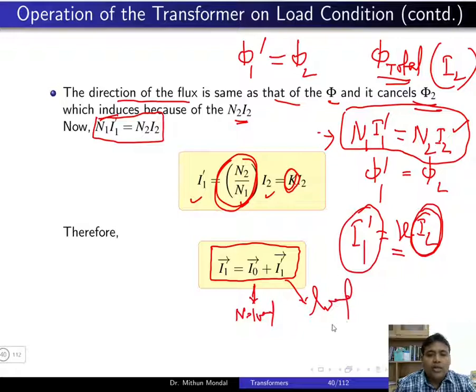So when you connect a load, an extra current is drawn from the primary of the transformer to cancel the secondary MMF. Hence the net current drawn by the primary circuit I1 is equal to I0 plus I1 dash.